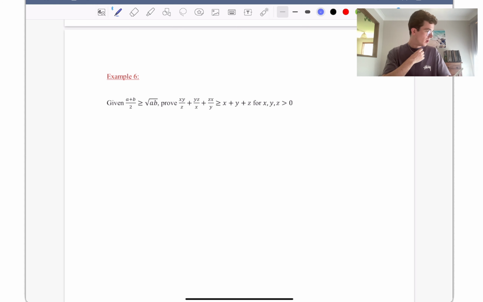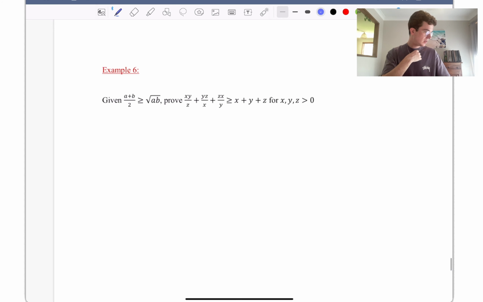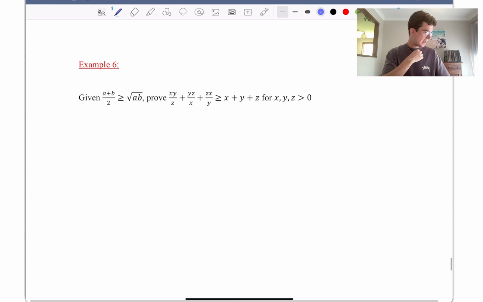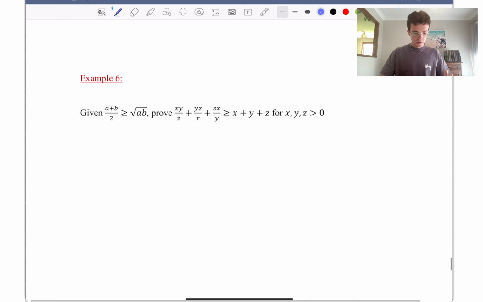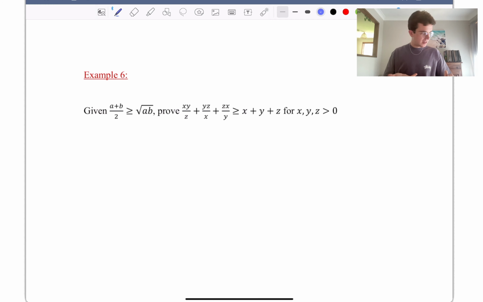So what we might do, we've got 3 things here, but we've only got 2 things that we can substitute into our inequality.